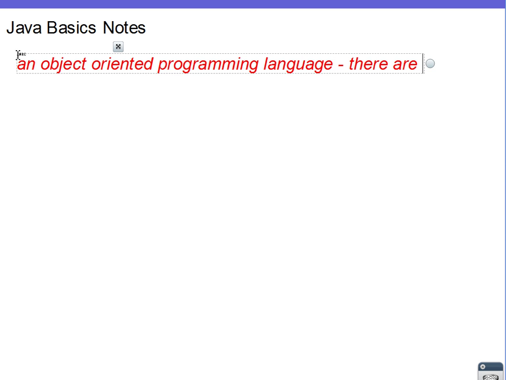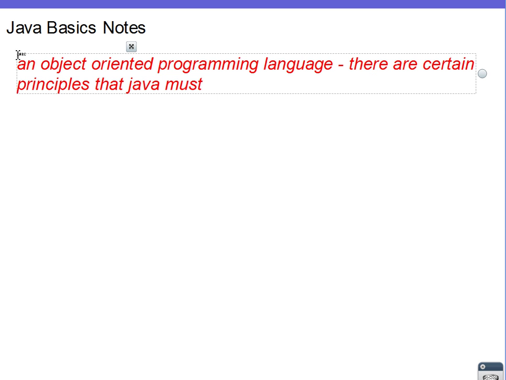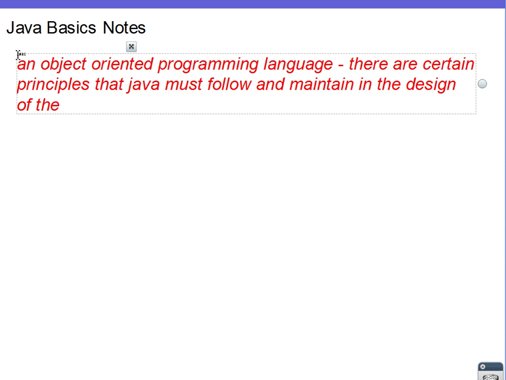So there are certain principles that Java must follow and maintain in the design of the language. So there's certain ways that Java is going to work, certain things that are going to be guaranteed that this is the way they interact and this is the way that you design, and kind of a mindset that you should have as you're going through and programming.